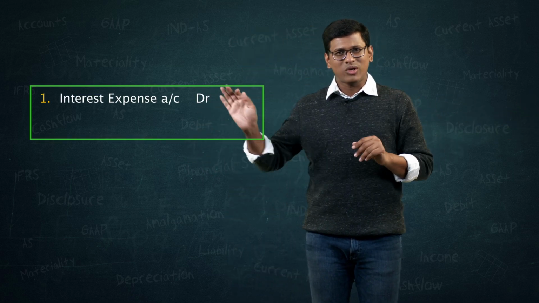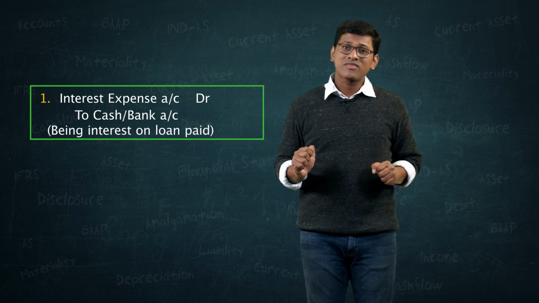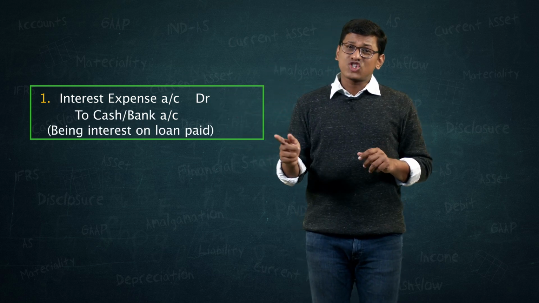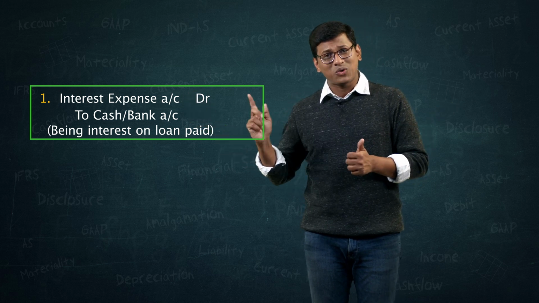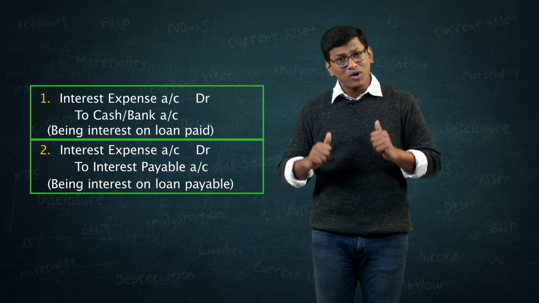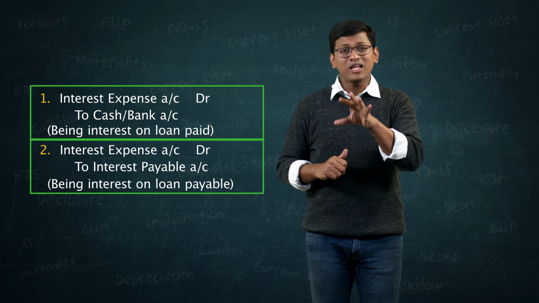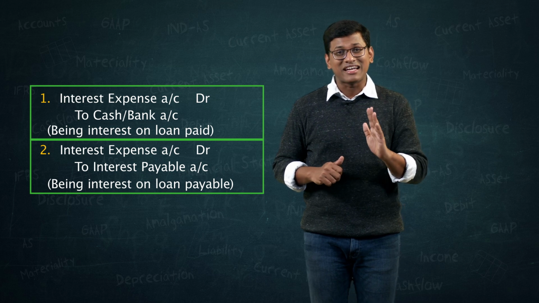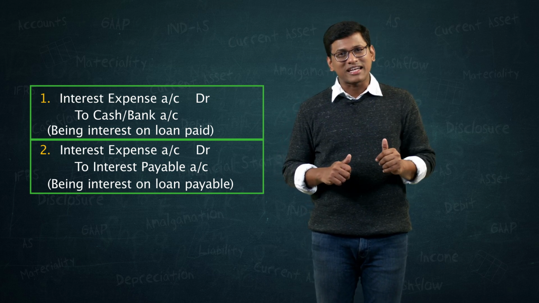Then if that interest is not yet paid, it will just be payable. Interest expense account debited to interest payable with that particular amount. If that interest is already paid, cash or bank will be credited. If interest is not yet paid, interest payable account will be credited.